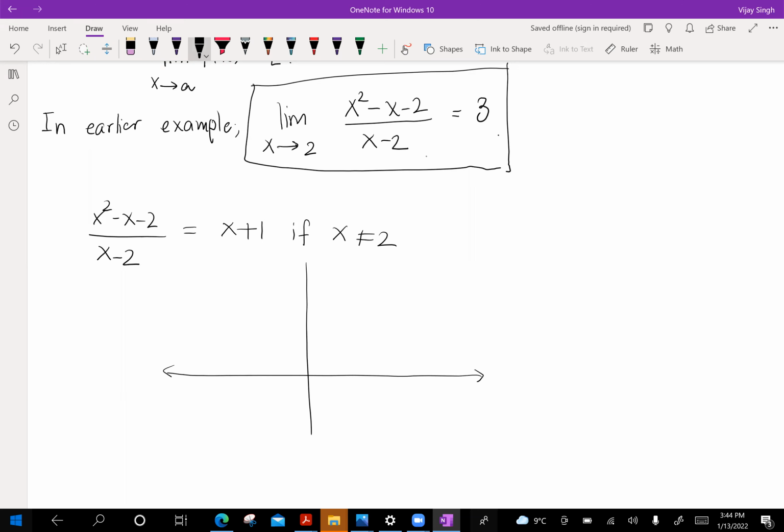So let's say x is 0, then f of x is 0 plus 1, which is 1. When x is 1, it's going to be 1 plus 1, which is 2. So the points are 1, 2, 3, and then we have, okay. So when I draw this, this is how the graph will look.